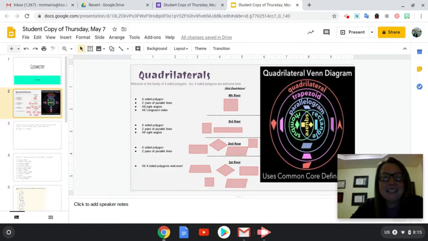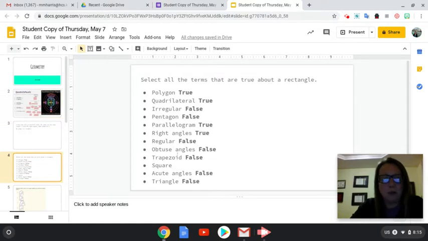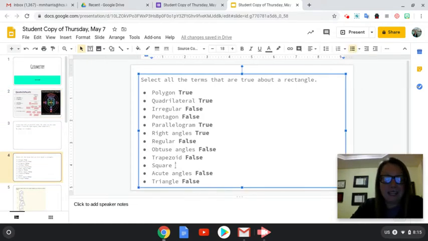It has to have 2 pairs of parallel sides. But the most important is this: all right angles and all congruent sides. Does a rectangle have all congruent sides? No, so that answer would be false. A rectangle is not a square. All right, you're doing great.